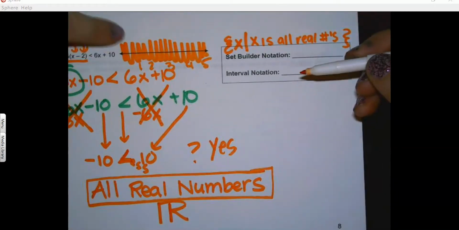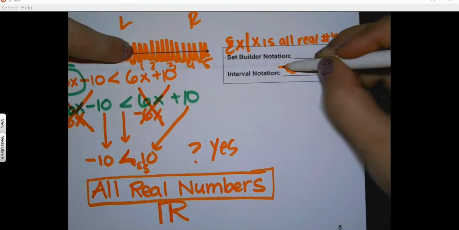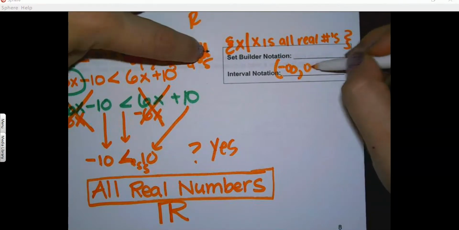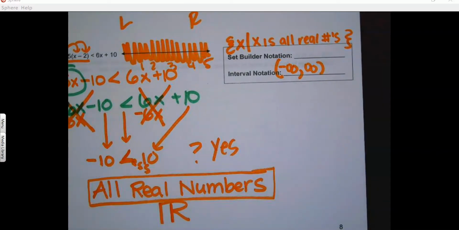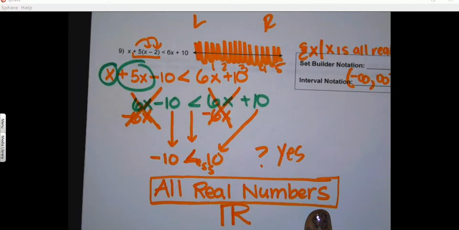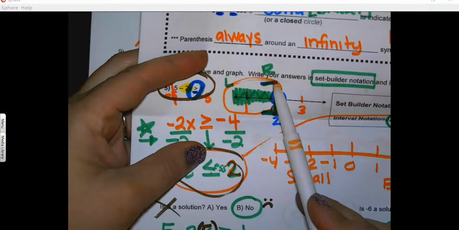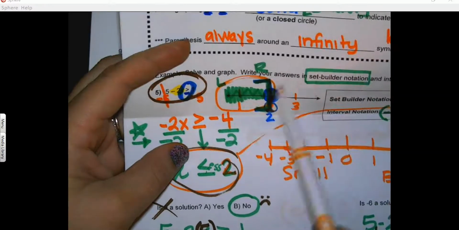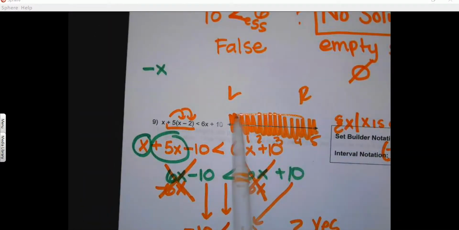If you go from the left to the right, it's going infinitely here and infinitely here. So that's the symbol in interval notation for all real numbers. So to recap, when we're solving inequalities, we can get either just the left side, or just the right side, or we could get no answers work, or we can get all the answers work.